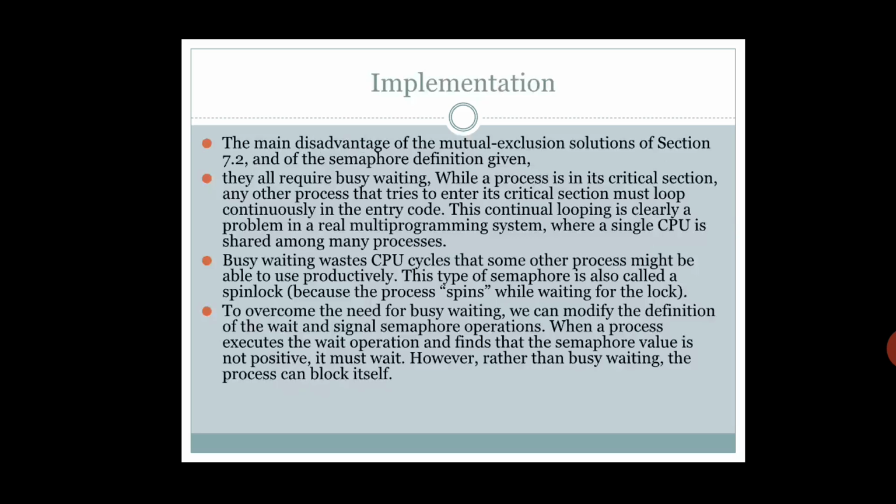The next thing is, to overcome the need for busy waiting, we can modify the definition of the wait and signal semaphore operations. When a process executes the wait operation and finds that the semaphore value is not positive, it must wait.